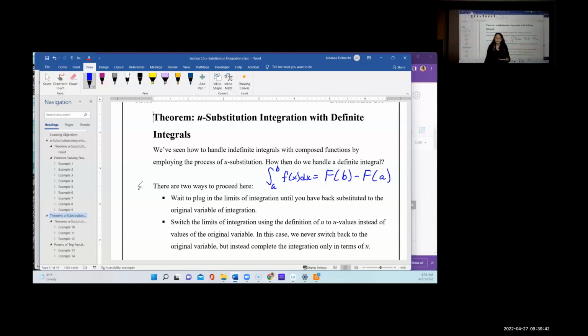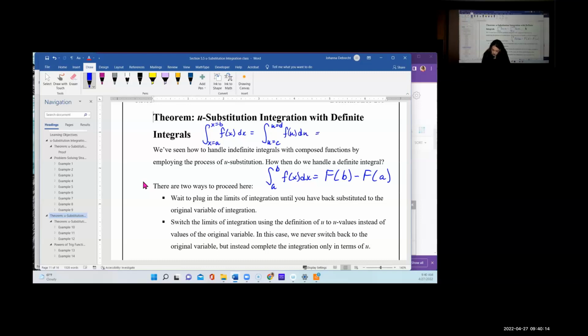All right. So it goes from having x equals a and x equals b of f of x dx, to u equals c to u equals d of f of u du.